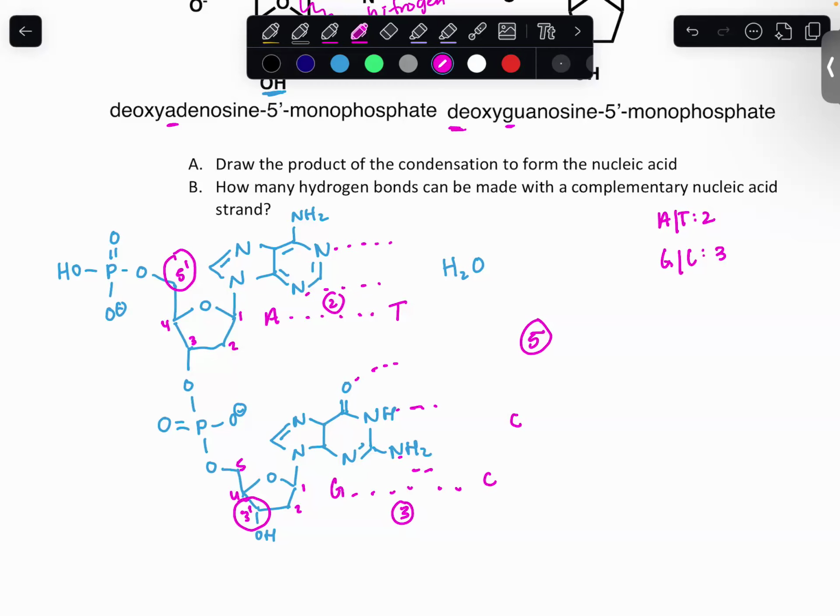Because here we have 1, 2, 3, 4, 5. And so the 5 will be the end that's loose. And then the 3' end is on the opposite side, and it's the carbon center that has the OH attached, which is where a next nucleic acid could connect. Because these bonds are always 3', 5'.